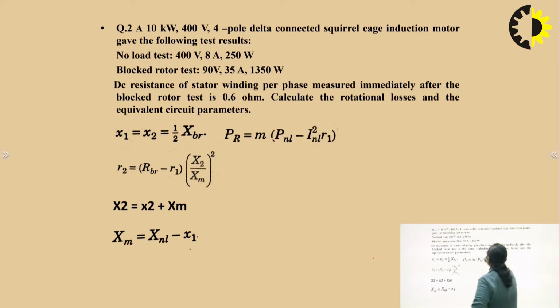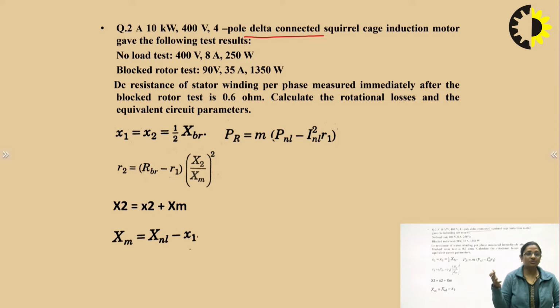Always pay attention to the connection of the motor, whether it is star connected or delta connected, because while solving the question, the first thing you must keep in mind is whether the stator winding of the machine is star connected or delta connected, right? So, the motor is rated for 10 kilowatt, 400 volt and is wound for 4 poles. The test results so obtained are mentioned over here.